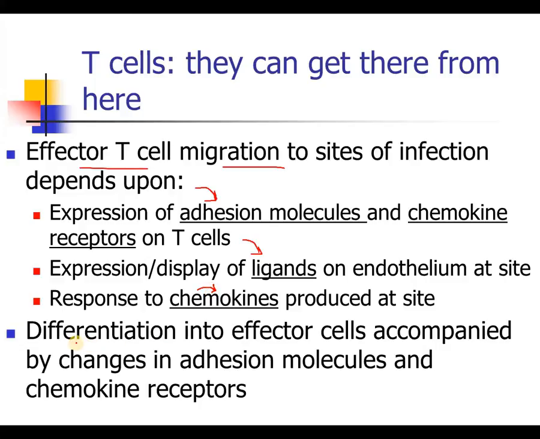And the cool thing is, when the naive cell differentiates into an effector cell, the change in phenotype is accompanied by changes in the adhesion molecules and the chemokine receptors that allow that activated, now differentiated effector cell to move to the site of infection.